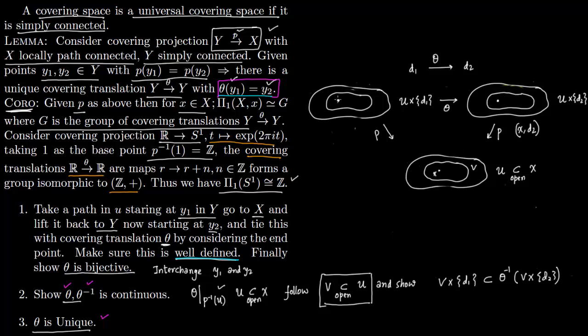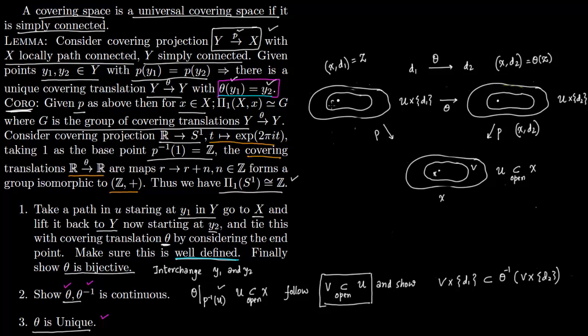So the difference is this x you will call x comma d1, this you will call x comma d2, and this is just x. So say this you will call point z, and since d1 gets mapped to d2 via theta, this you will call theta of z.